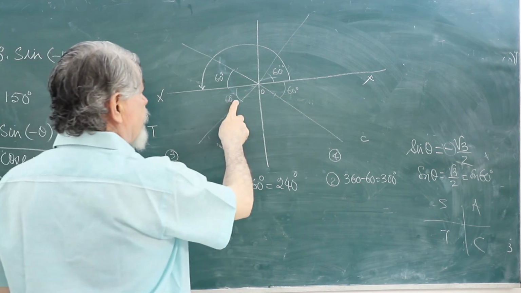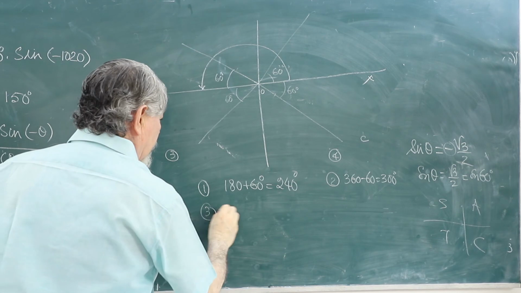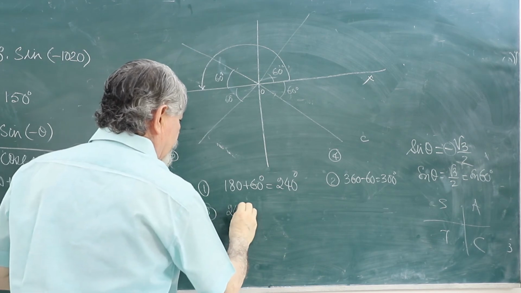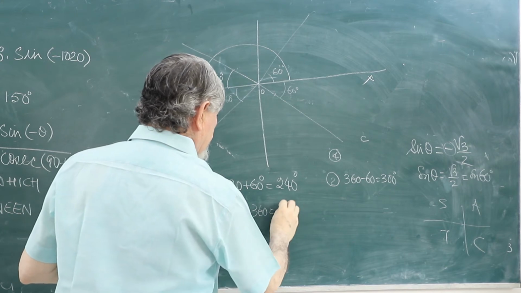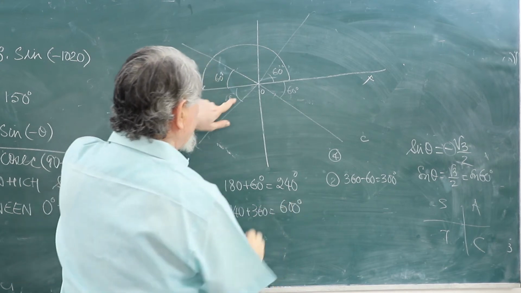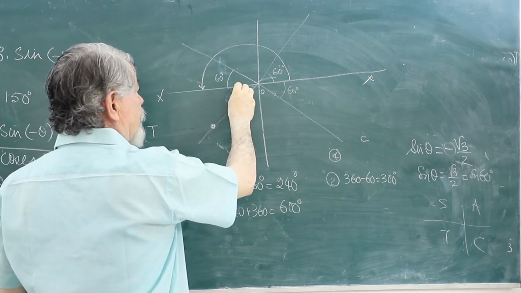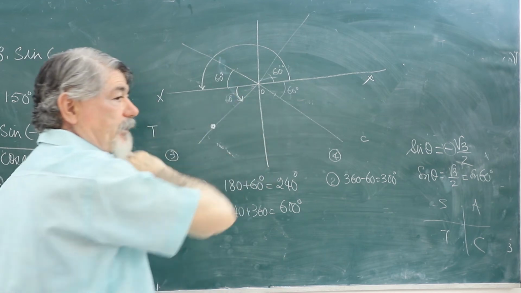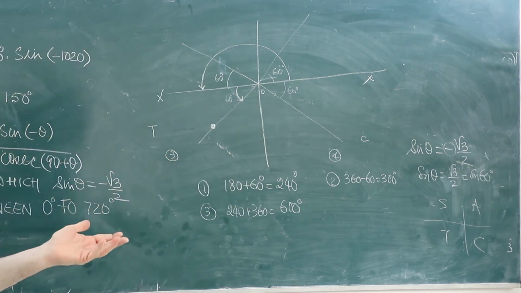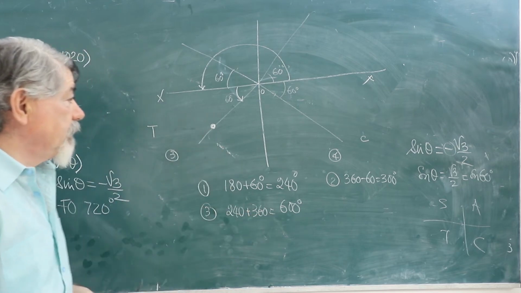Now 240 has come. If I add 360 to 240, I come back to this line again. It was here 240. I take a complete round of 360. So 360 is added to it. Then what will happen? You will get 600.